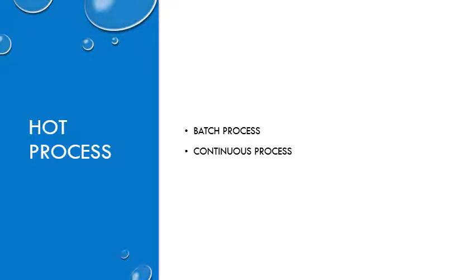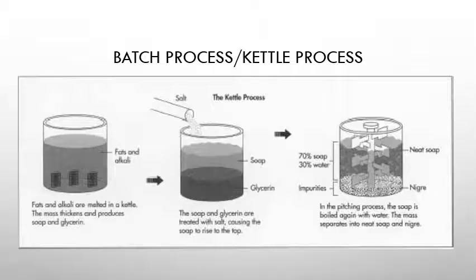So after the cold process, we should understand the hot process. The hot process of manufacturing soap is divided into two types: the batch process and the continuous process. Now we understand the batch process, which is a hot process, also called the kettle process.